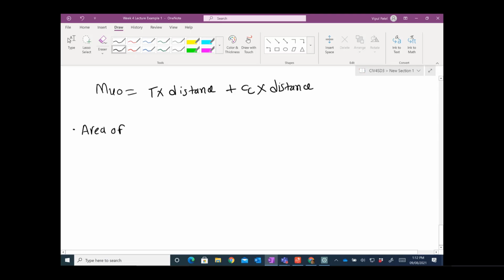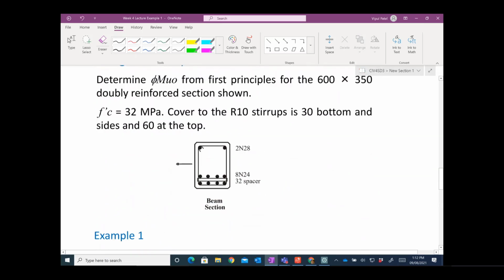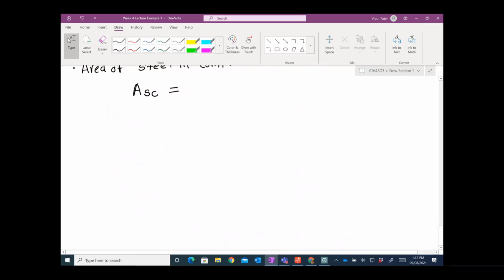Area of steel in compression. Right, let's get this one out first. Let's denote it by area of steel in compression. How many bars did we get? We got 2N28 bars.